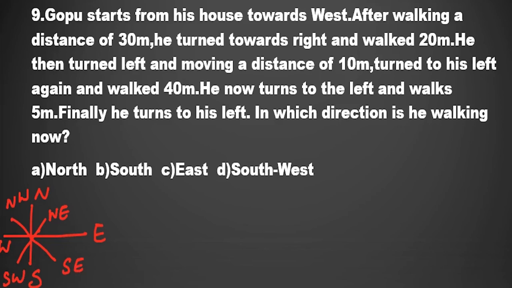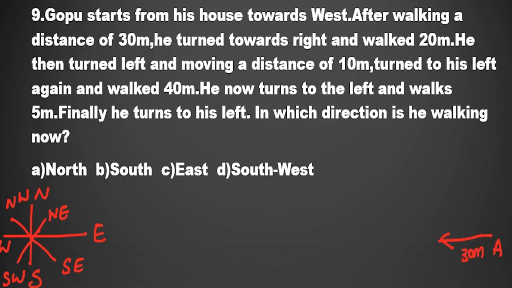Gopu starts from his house towards west after walking a distance of 30 meter. Let the point be A. From A, Gopu walks towards west after walking a distance of 30 meter.